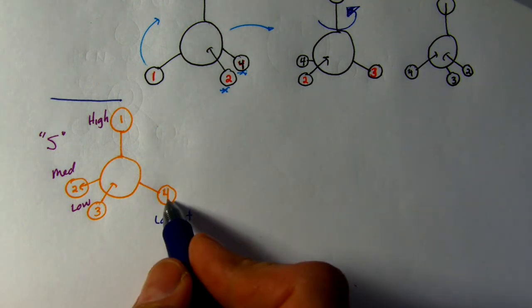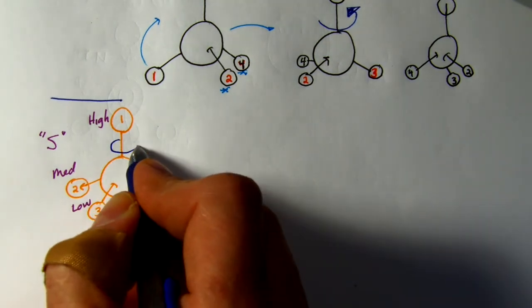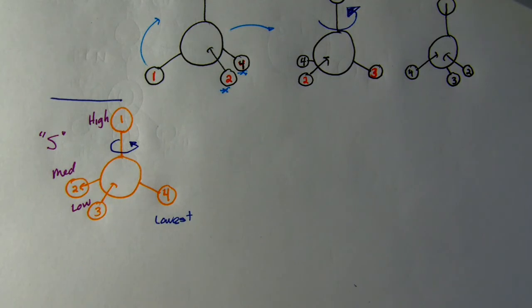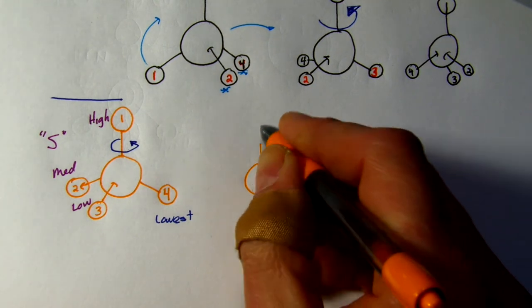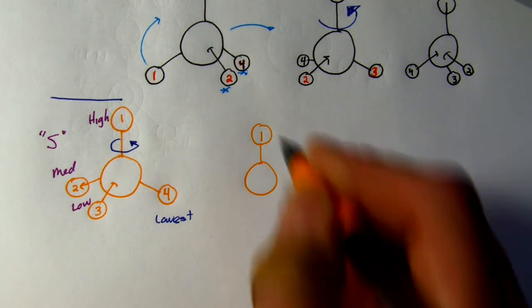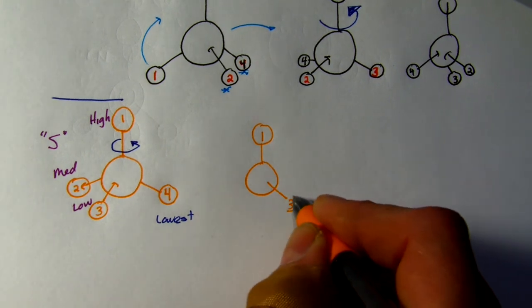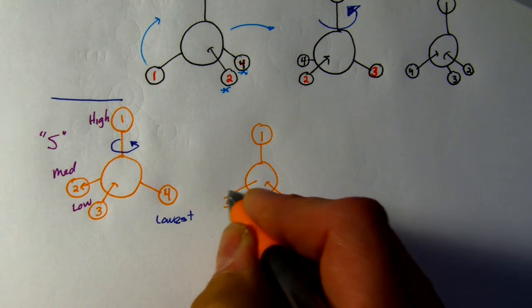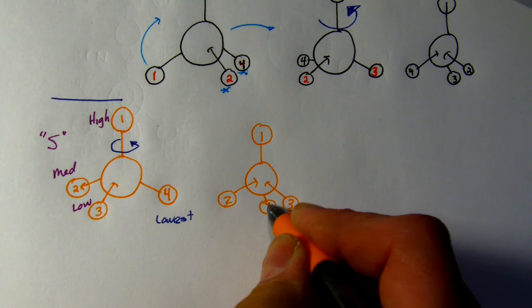So let's take this here, remembering 1 and 4 are in the plane, and we rotate it about that number 1 axle. Okay, what we get is 1 stays in place. Okay, 4 is going to be in the back, 3 is going to come out at you, 2, and so we'll draw 4.